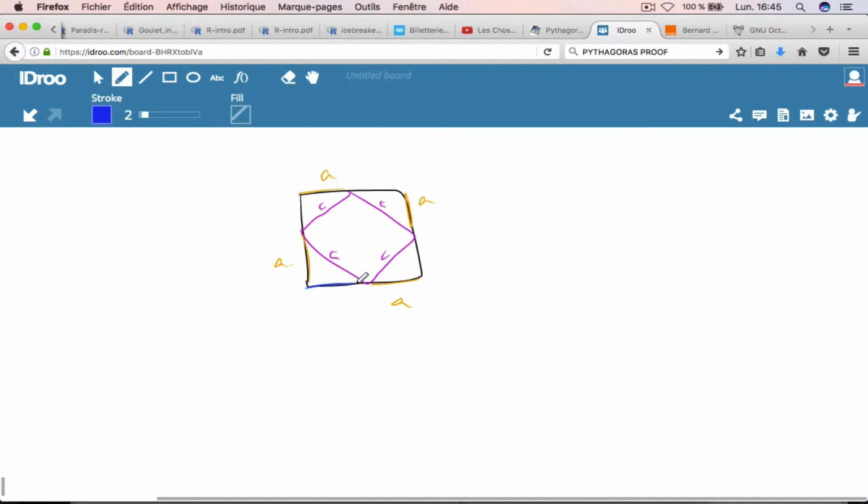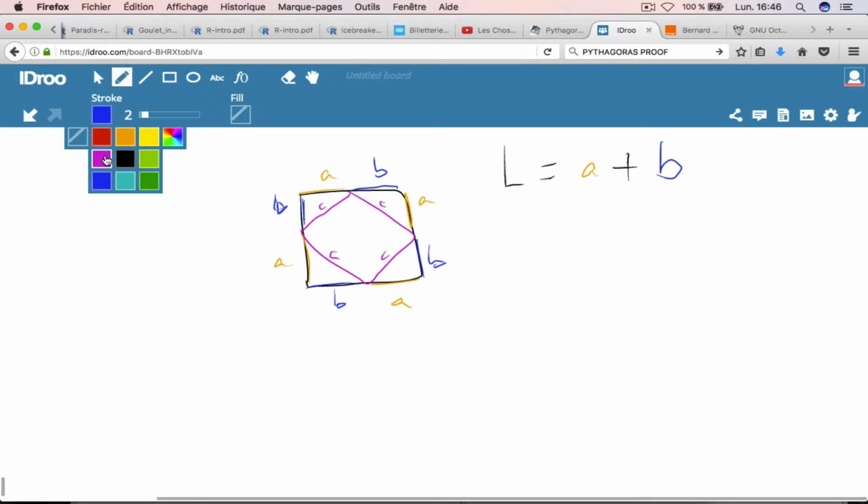This side is B. This side is B. This side is B. And this side is B. So we've got a big square with a length of A plus B. And we've got a tiny square with side C.